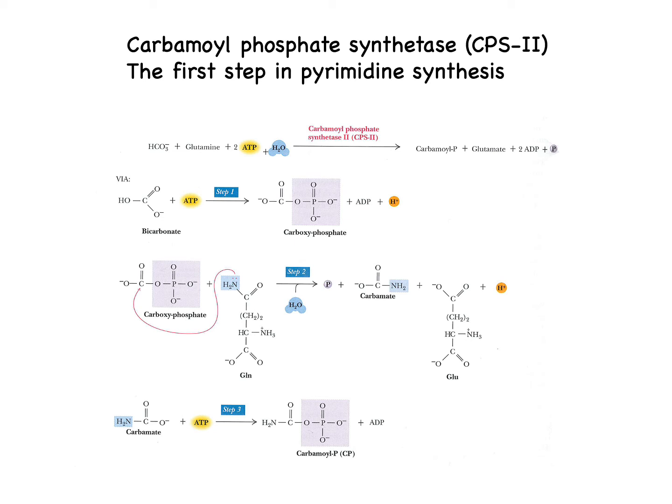One of the phosphates gets attached to the molecule, and this is the mechanism. So we'll see in a minute here why we need 2 different enzymes to carry out the same function, one for pyrimidine synthesis and one for the breakdown of nitrogen into urea.